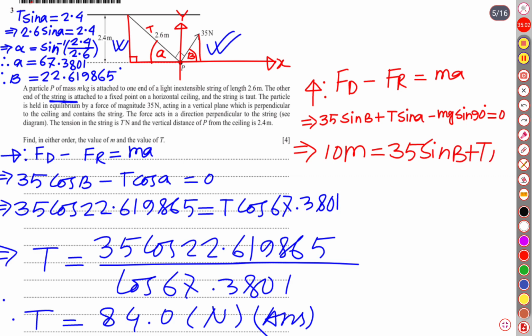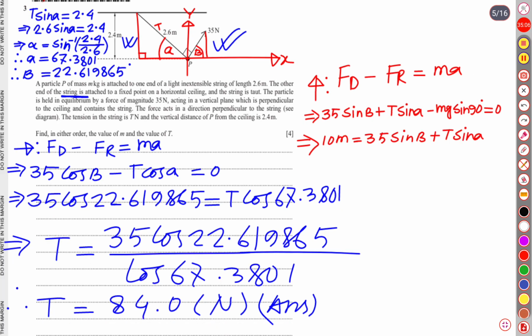With m as the subject, m is equal to 35 sine beta plus tension sine alpha, with denominator 10.